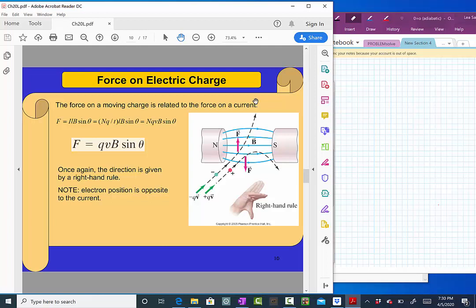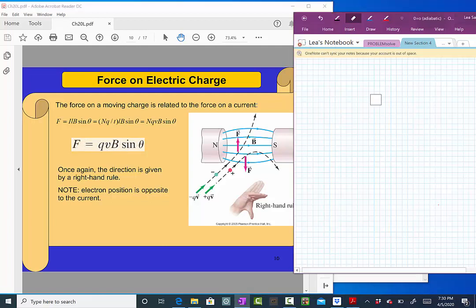How about the magnitude? The magnitude is given by this equation. How do we get it? Well, let's write the equation that we had for the current: I, the current, times L, the length of the wire within the magnetic field, times B, times the sine of the angle between the current and the magnetic field. What is current?